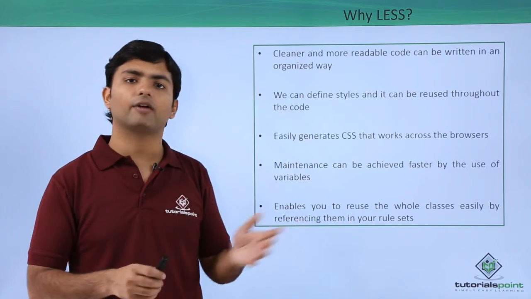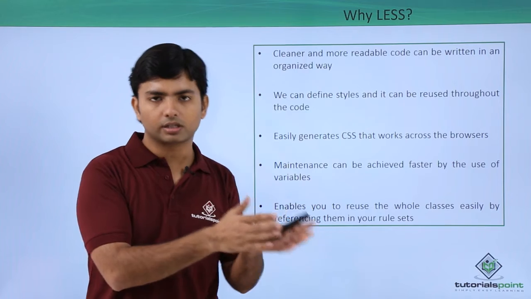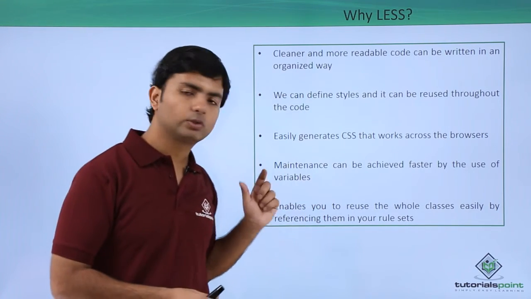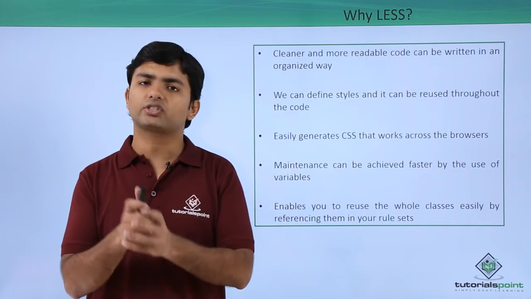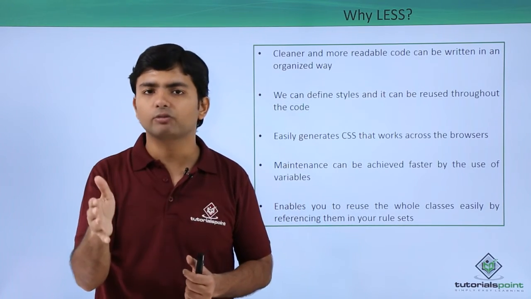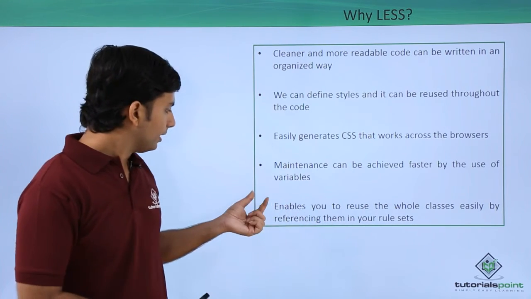In CSS, you will have to go to each and every place and change the blue color to green. But here in Less, by using variables, you can just change the value of that variable at one place, and wherever you have used that variable, the changed value will be applied.